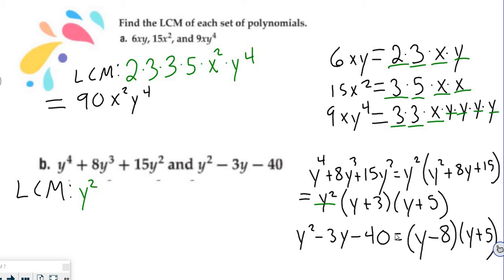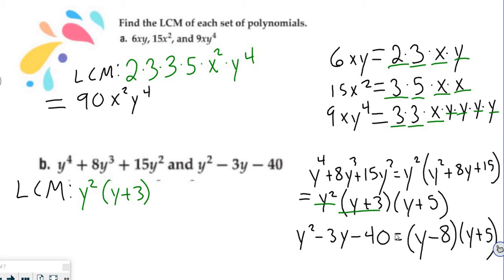Like, is there a y hanging out at the front of my second term? No. So it happens 0 times in my second and 2 times in my first. So 2 is the largest number of times it happens. We're okay with that.